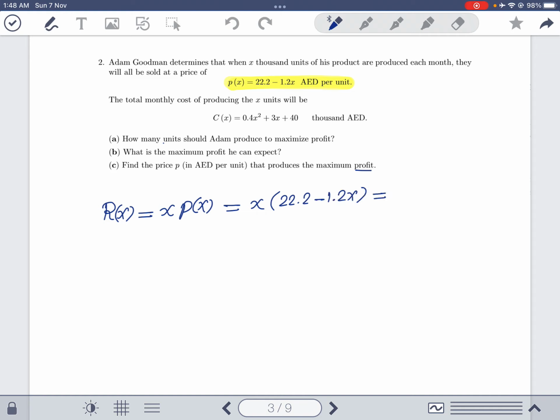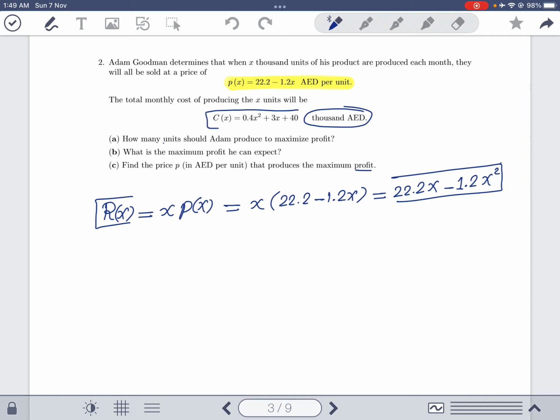And so this will give me 22.2x minus 1.2x squared. This is my revenue function. Of course, it's given in 1,000 AED, just like the cost. The revenue, cost, and profit are all in the same units.